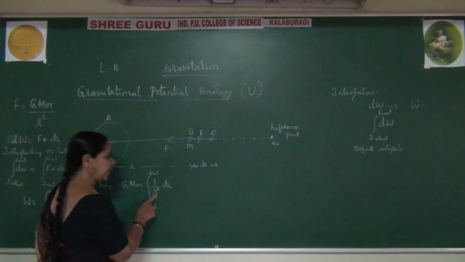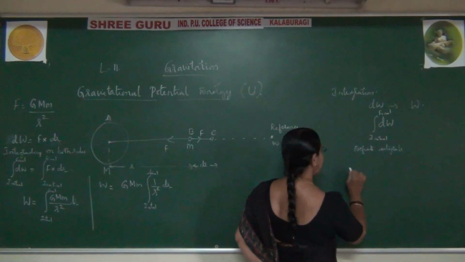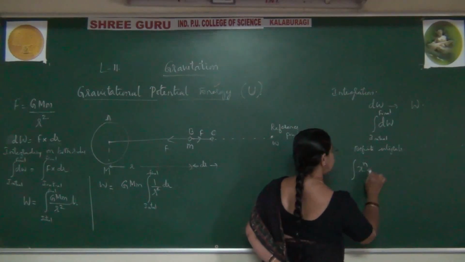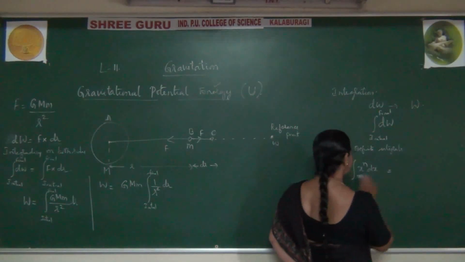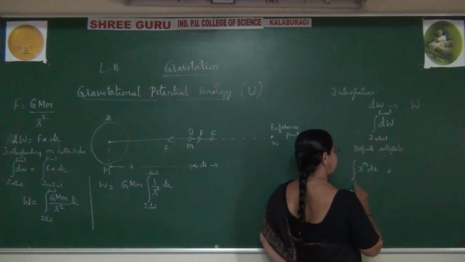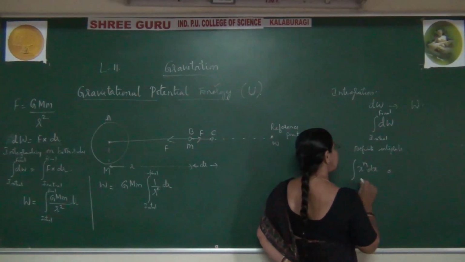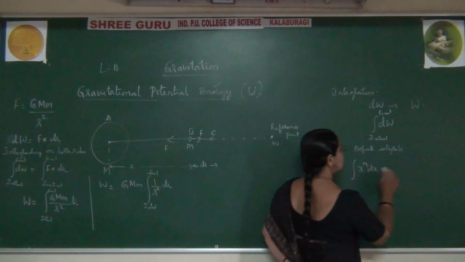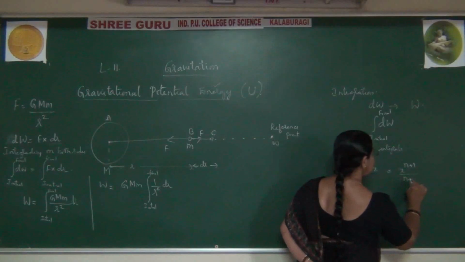First we have to integrate this. For this I give one simple formula. We have in mathematics the integral of x to the power of n dx. After integrating, this formula can be written as x to the power of n plus 1 divided by n plus 1, because we have x here and the variable is dx.